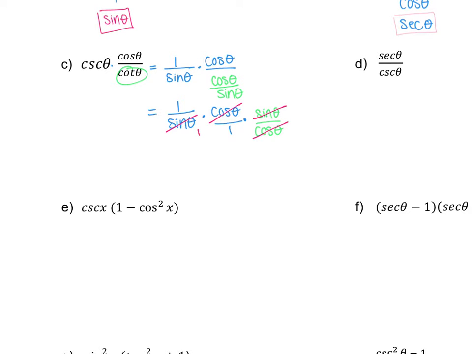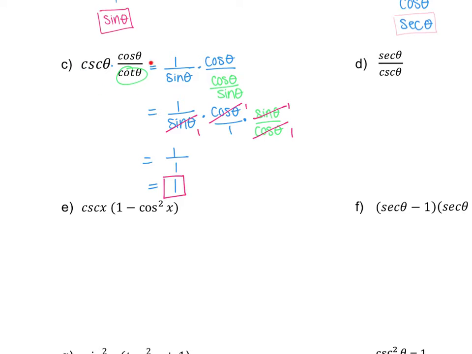So when things cancel, they leave behind a 1. So if I look at this as one big fraction, this is 1 times 1 times 1. That means I have a 1 on the top. And 1 times 1 times 1 is still a 1. So, oh my goodness, I get a 1 that ends up being my answer. And I really can't simplify 1 any further than that.